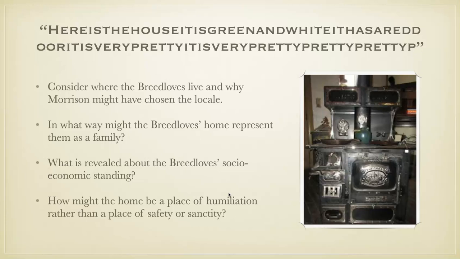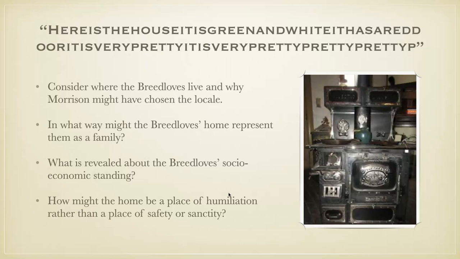So here I want you to consider, where do the Breedloves live and why Morrison might have chosen that particular locale. In what way might the Breedloves' home represent them as a family? What is revealed about the Breedloves' socioeconomic standing, and how might that influence how they work as a family, how they behave as individuals, how they behave as a unit?